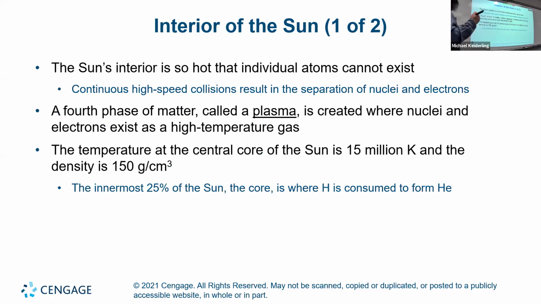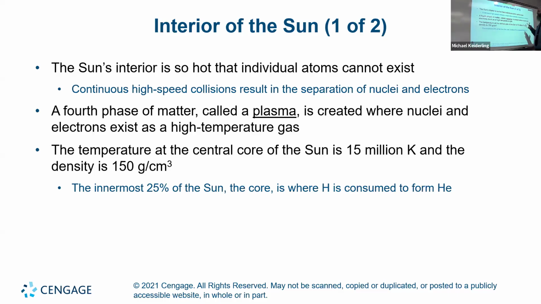Inside the sun, it is so hot that atoms are not able to exist. The electrons get torn free from the atoms, and you just have nuclei and electrons flying around in a gas of charged particles, which is a plasma. This is the state of matter known as a plasma, sometimes referred to as the fourth phase of matter.